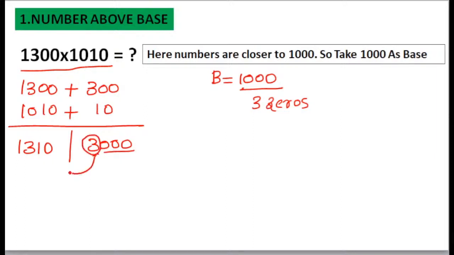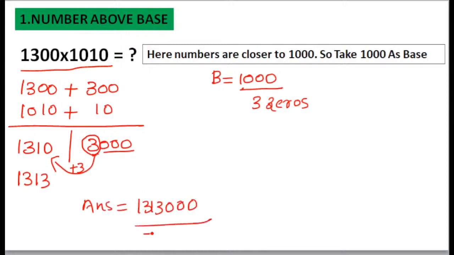The remaining 3 will be carried over to the LHS. That is 1310 plus 3 is equal to 1313. So your LHS will be 1313 and your RHS will be 000. So your answer will be 1313000.